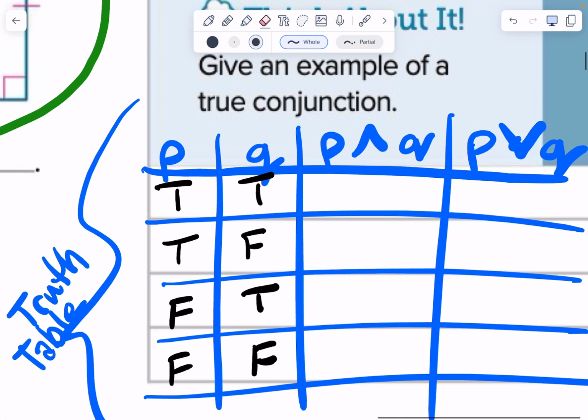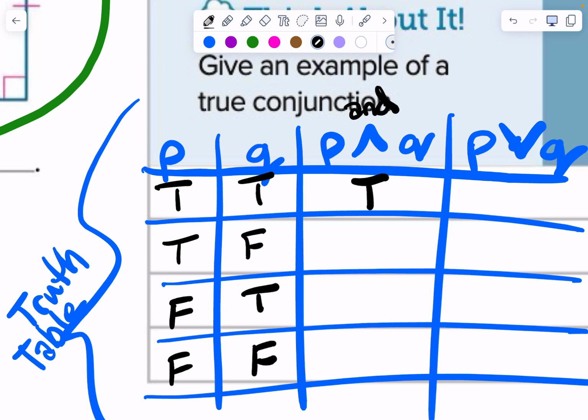This one says and. So if I'm looking at P and Q, I want to know whether this thing is true or false. P and Q, true and true. Is that true? True. Does that make sense? The second one, is P and Q true?